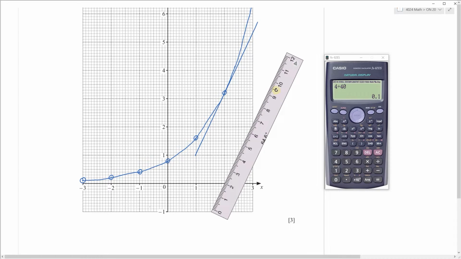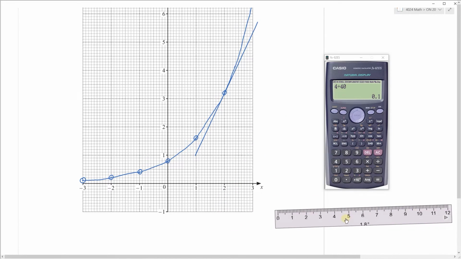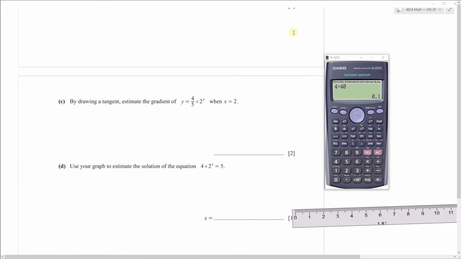Then we can take any 2 points on this line to calculate the gradient. So let's take this point, which is 1 and 1, and another point, which is 3 on the x-axis and 5.3. So now let's calculate the gradient using these points.